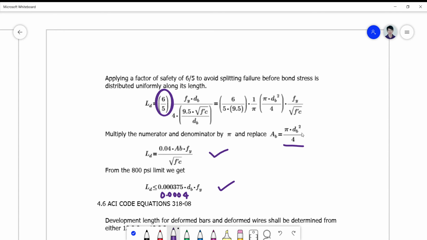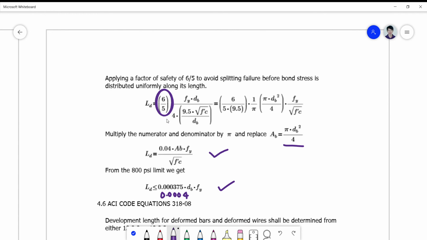Okay, we substitute Ab to be pi db squared over 4. Here, okay? So why is it that this is only db? Because we directly substitute it on this 4UU Fy db, okay?